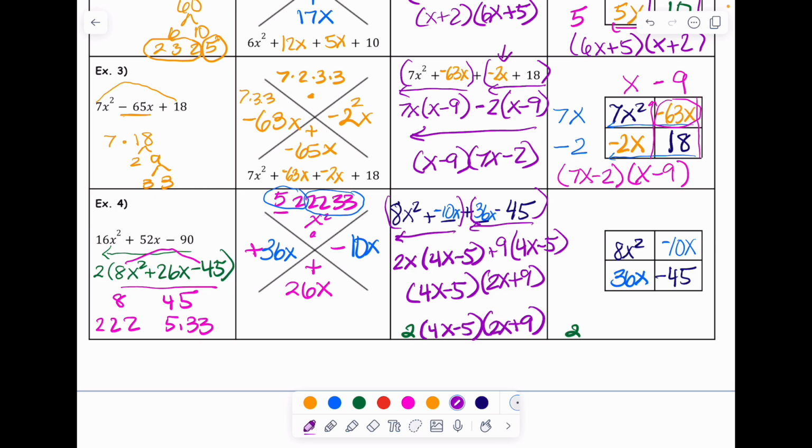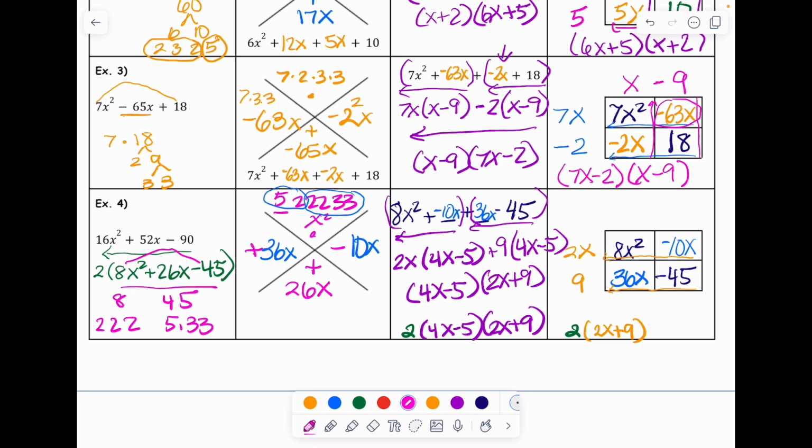Okay, cool. All right, let's see how that would have played out with our box. Well, oops, I didn't want to erase that. So going to the row, we see that we had a 2x in common, and the 8 was positive, so we kept that. And in this row, we had a 9 common, and the 36x was positive, so we ended up with 2x plus 9.